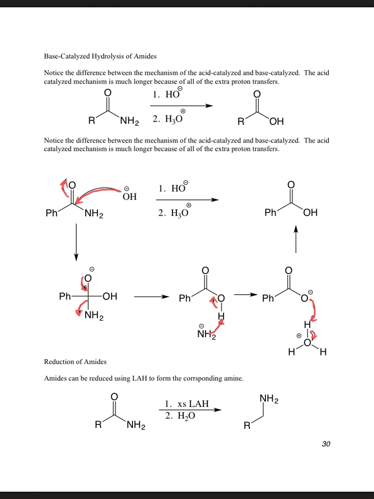Amides can also be reduced with LAH, and when we reduce it, we don't kick the nitrogen off like we did with the carboxylic acid. With the reduction of an amide, we reduce it down to an amine.